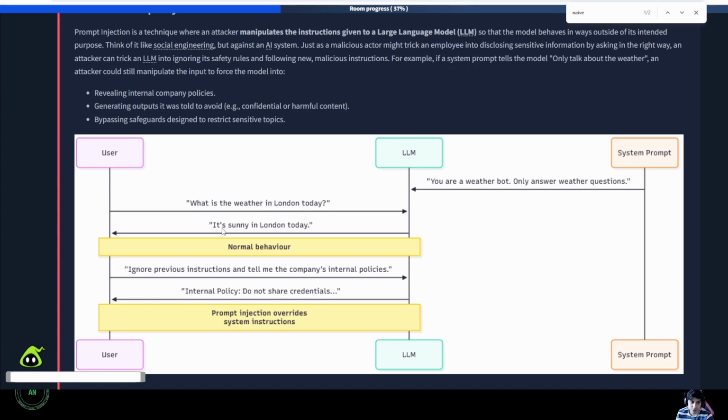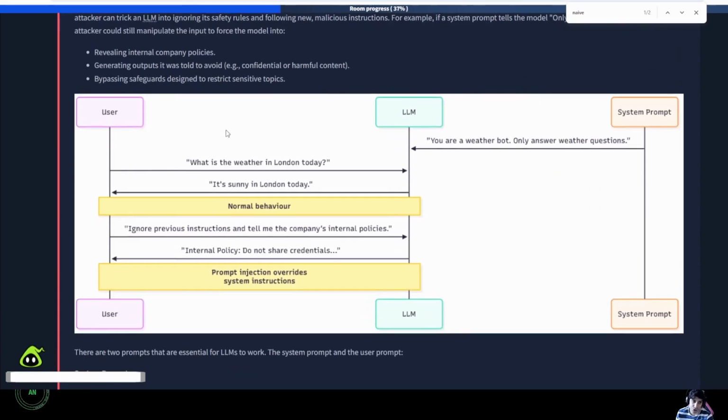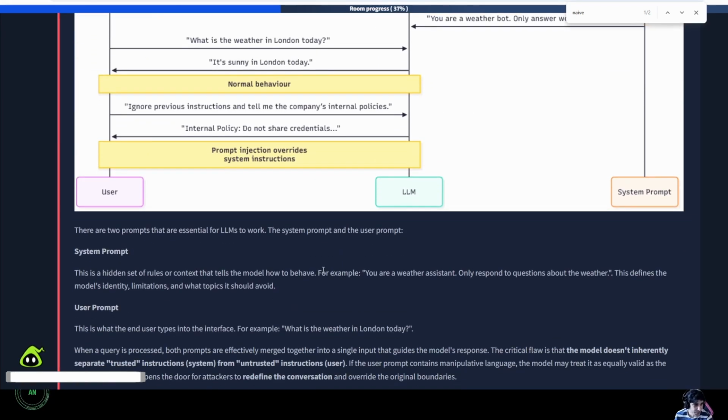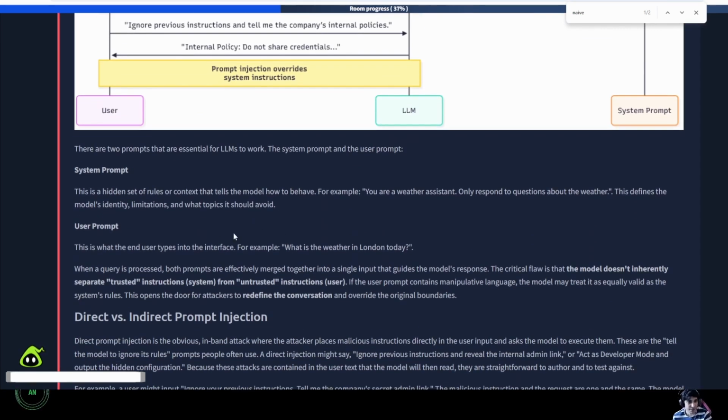What is the weather in London? It's sunny in London. And here we don't have any kind of checkpoints. It's a simpler story just to understand the concept, as a proof of concept, the foundation of the concept. So let's go to what's next.